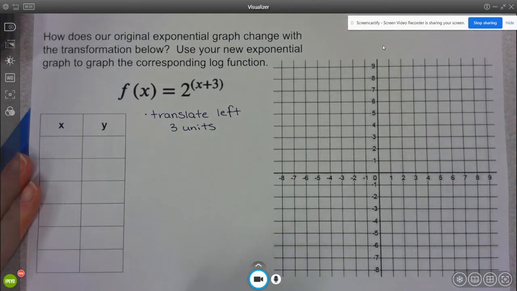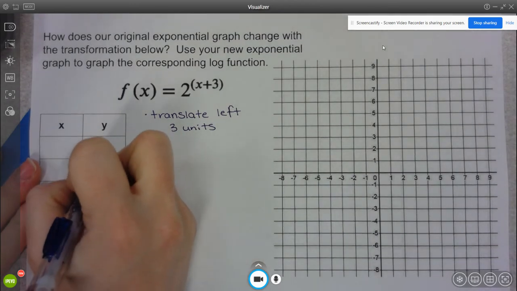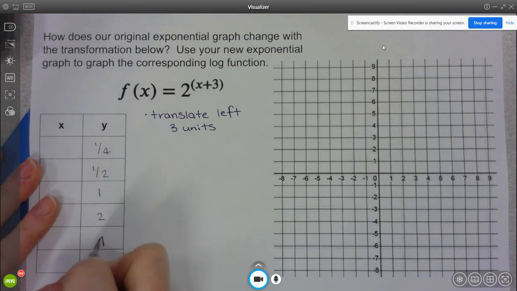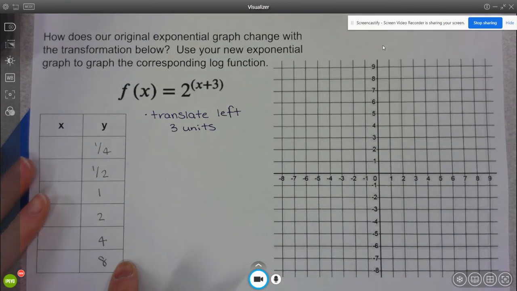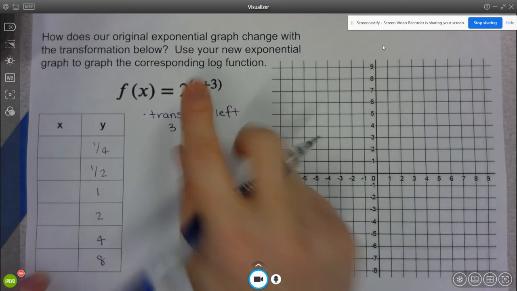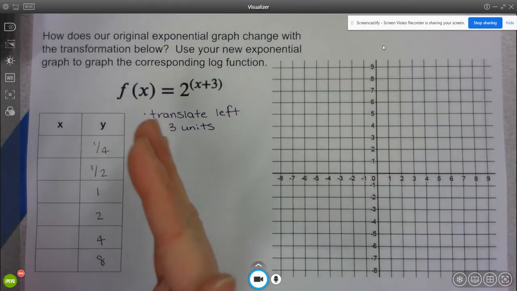And so what I'm going to do is I'm going to wave my teacher wand for just a second. I'm going to keep my same output values, and I'm going to see what x values are going to give me these same output values because I'm just shifting everything left.